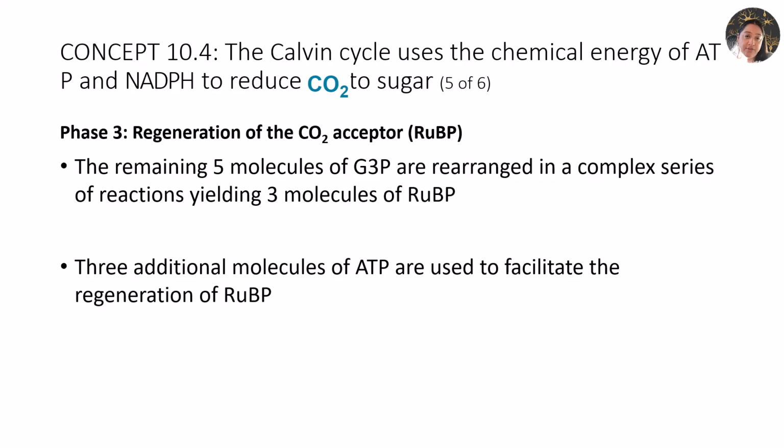The remaining 5 molecules of G3P are rearranged in a complex series of reactions, yielding 3 molecules of that starting thing again, RuBP. So 3 additional molecules of ATP are used then to help facilitate that regeneration of RuBP.